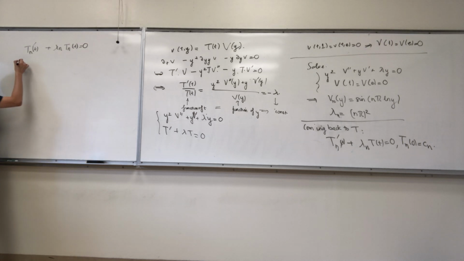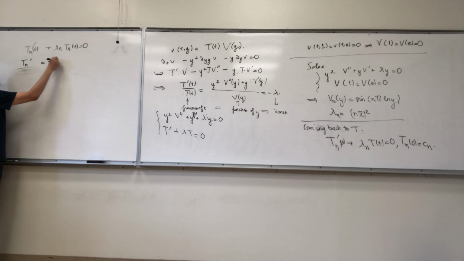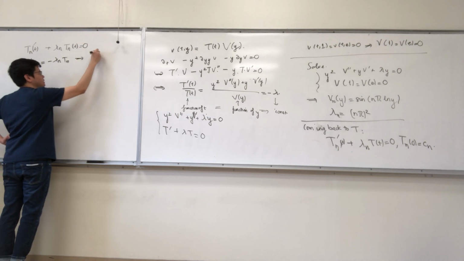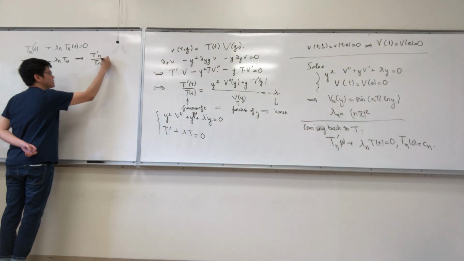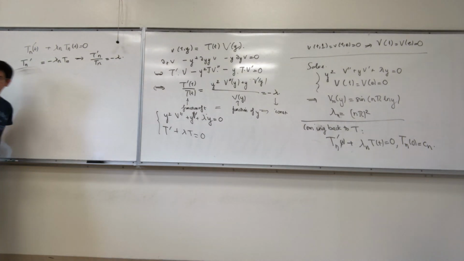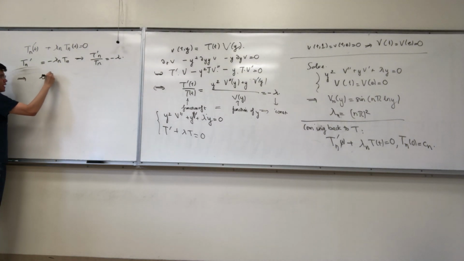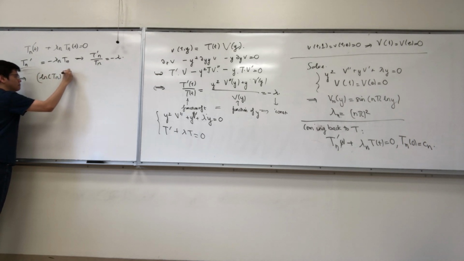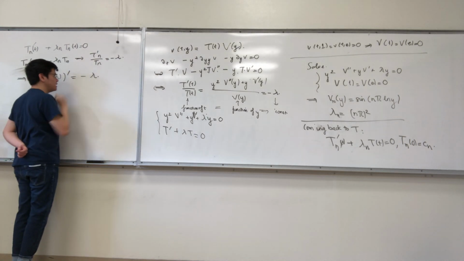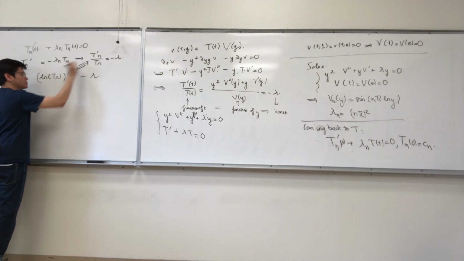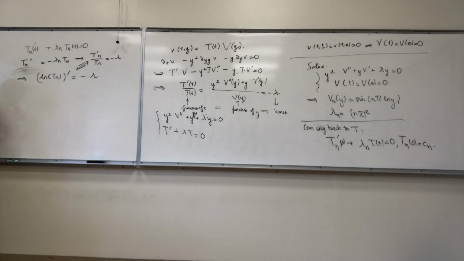So this equation has an exponential solution. You have T n prime is equal to minus lambda n T n, right? Which means that T n prime over T n is minus lambda, right? So this is log of T n, prime, is minus lambda.